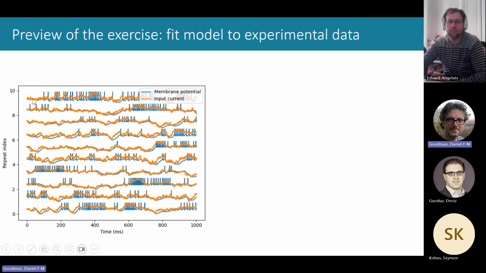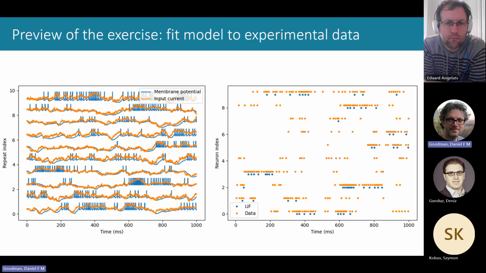And then they would also record the output of the neuron, which is this blue, right? So if you put the orange current into this real neuron, you get this blue output from it. So basically the task is, can you come up with a neuron model that, given the orange curves, returns the blue curves, right? It's a model fitting problem.